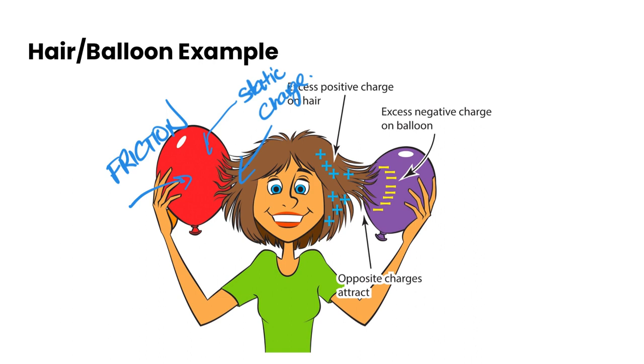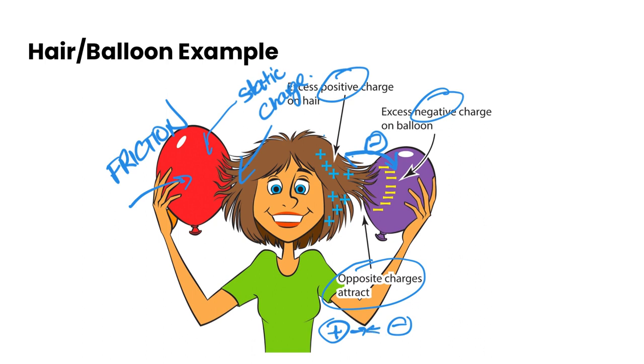Like I said, in a later video we will figure out which one goes where, but in this case, electrons transfer from your hair onto the balloon. That leaves you with an excess positive charge on the hair and an excess negative charge on the balloon. So the balloon and the hair are going to attract each other because we have opposite charges. That's an example of the law of attraction.